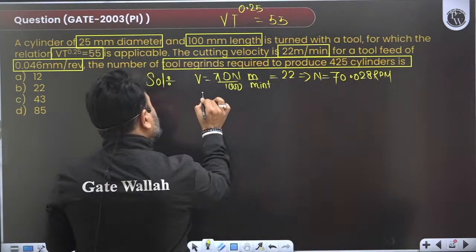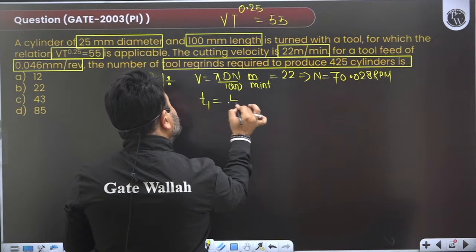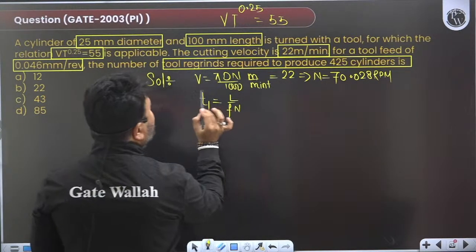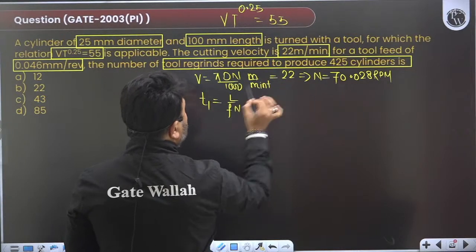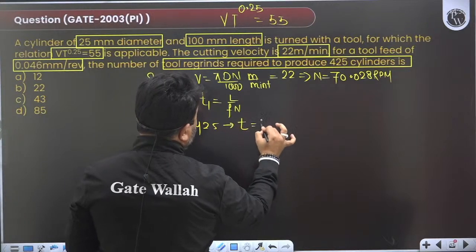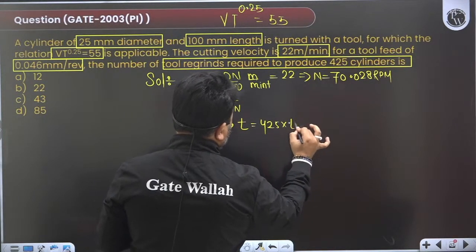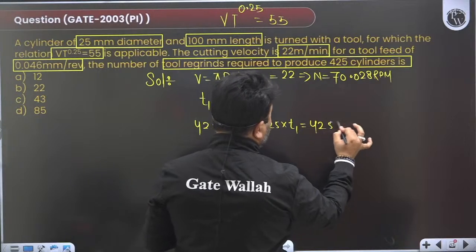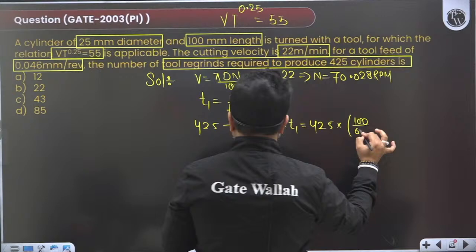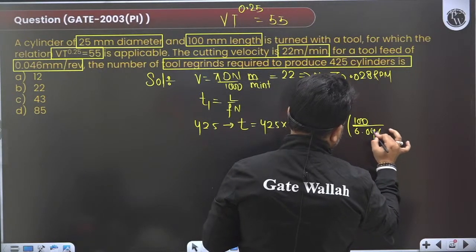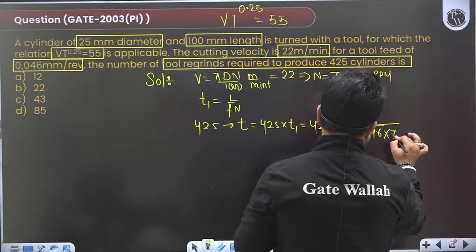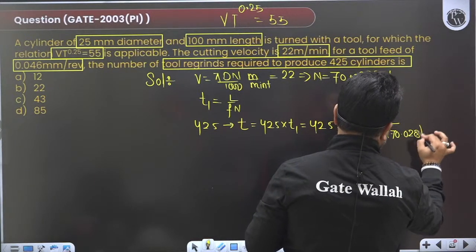Now the machining time of one workpiece is L divided by Fn. For 425, total machining time is 425 into T1, that is 425 into 100 divided by 0.046 into N, that is 70.028.